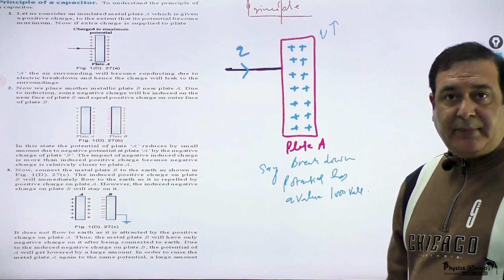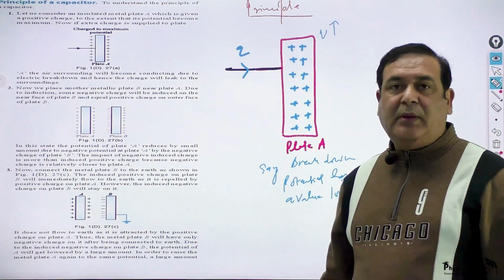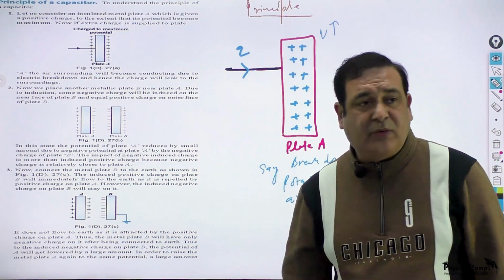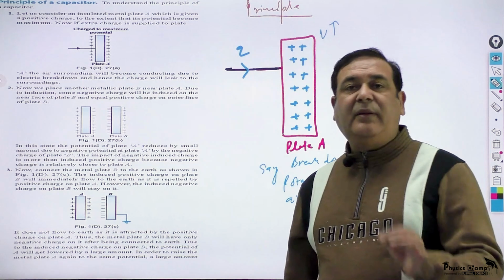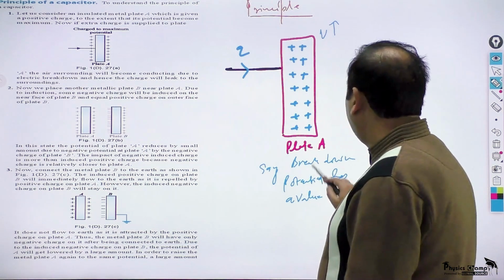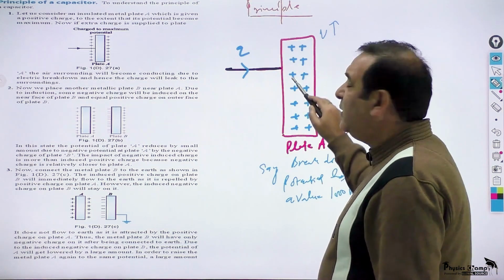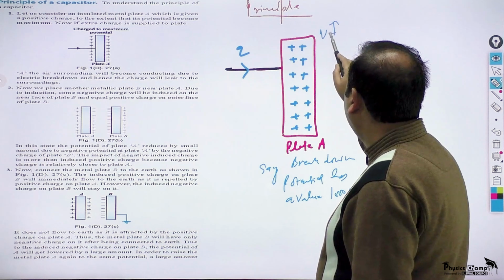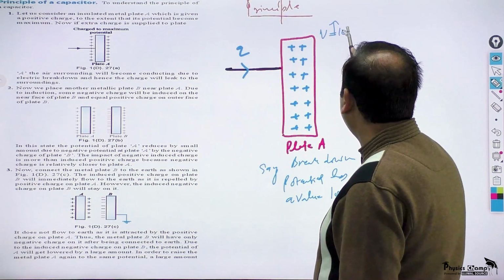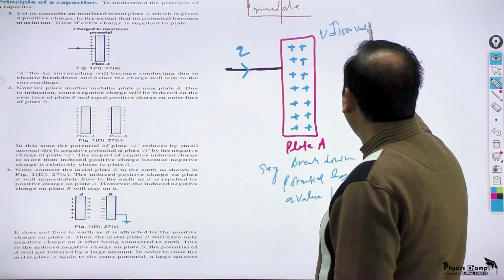For this plate, it means you can supply charge to this plate through a battery, and the charge you can supply would be to the extent that its potential reaches 1000 volt, not more than that.